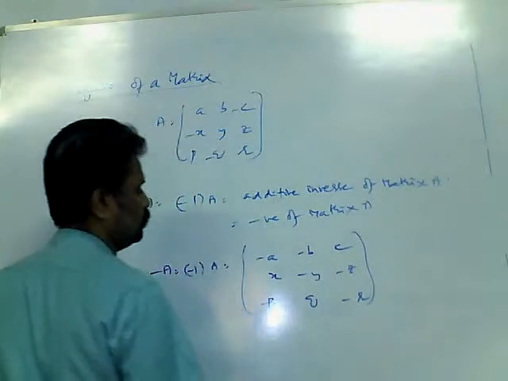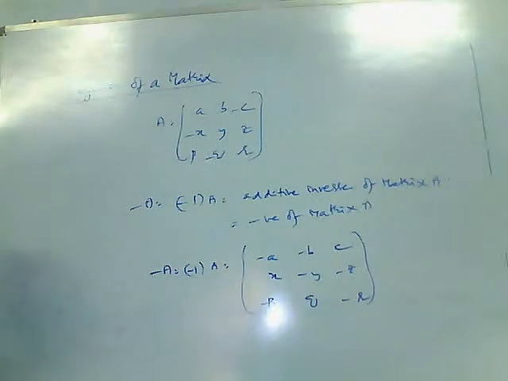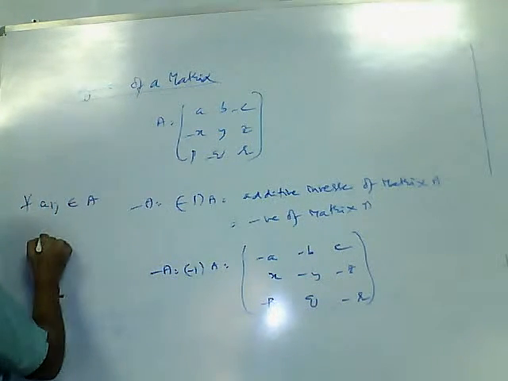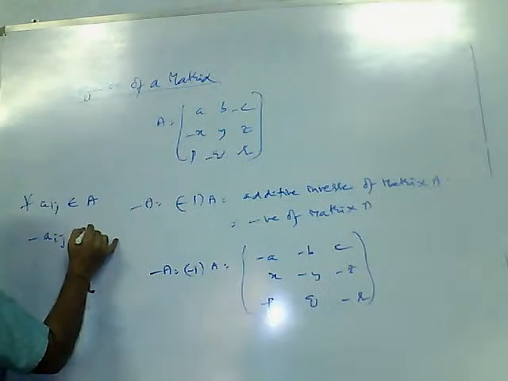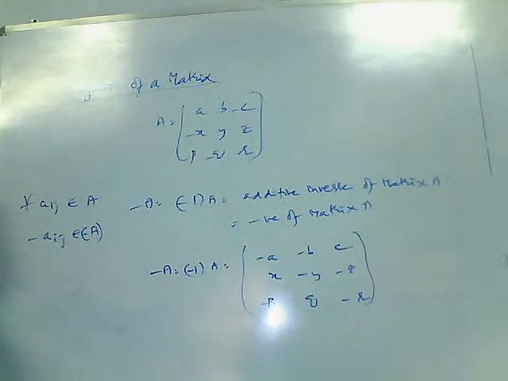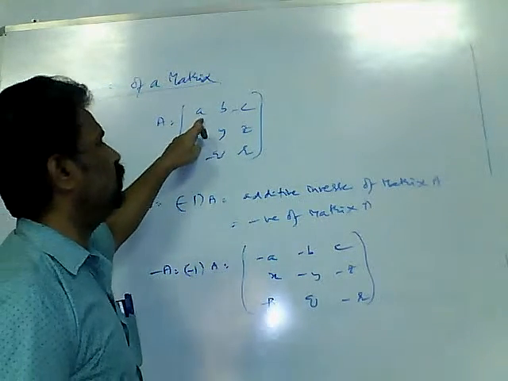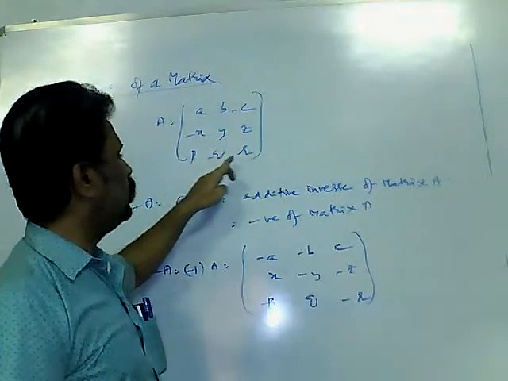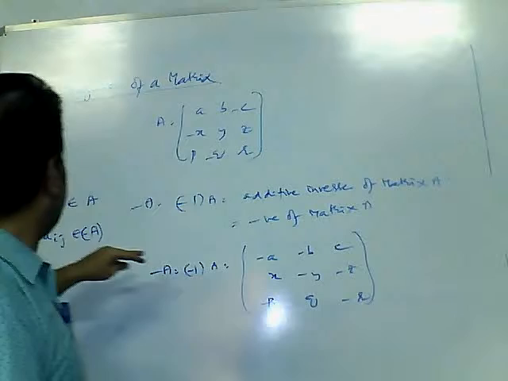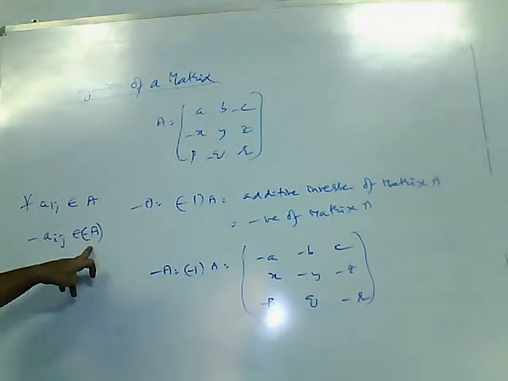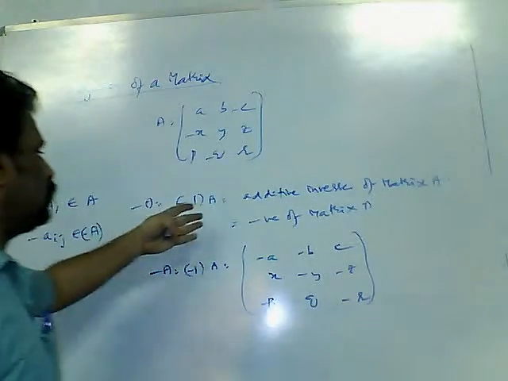Now you understood that. For every Aij belonging to capital A, minus Aij belongs to minus A. So for every element, the sign automatically changes. The general location of an element is Aij: A11, A12, A13, A21, A22, A23, A31, A32, A33. If it is already minus, it becomes plus; if it is plus, it becomes minus.